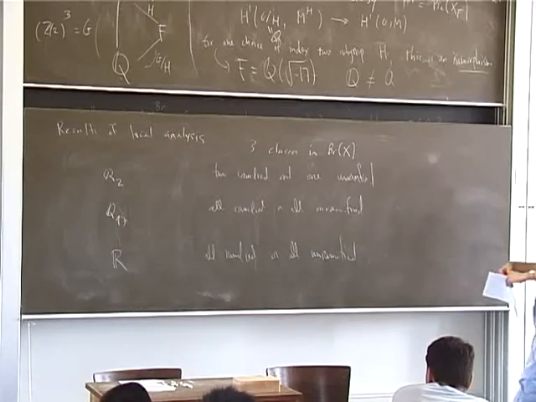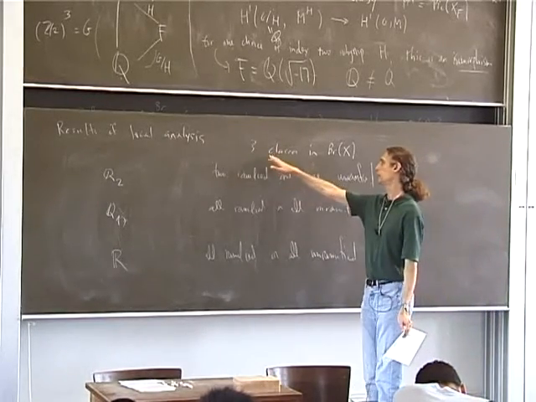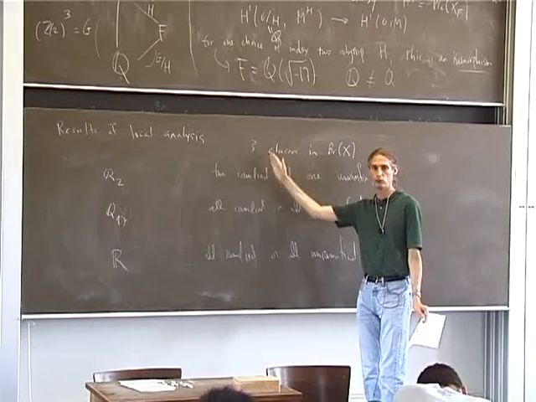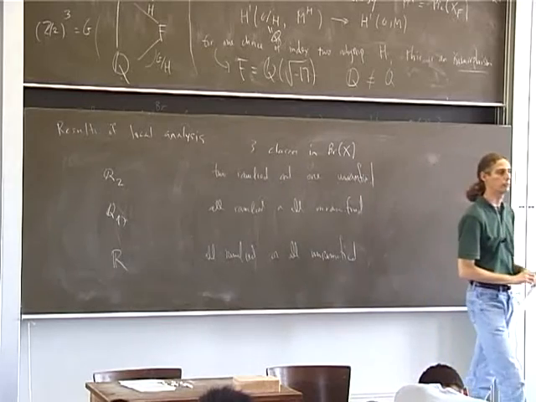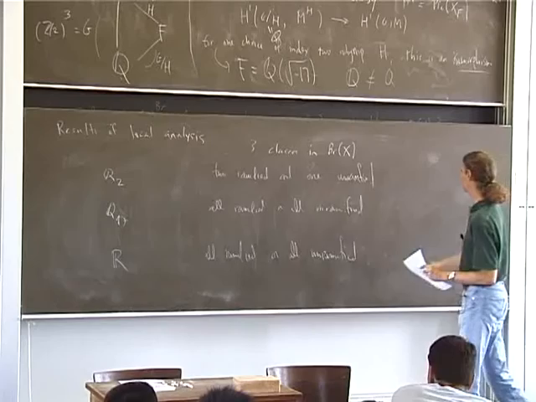So the result from this, you see, is that there will always be at least one of the classes for which the local invariants have non-zero sum.